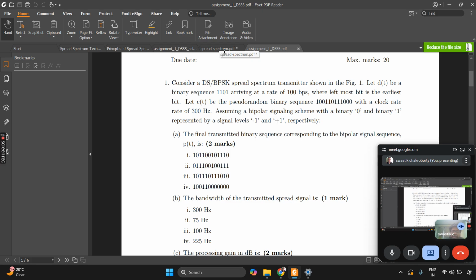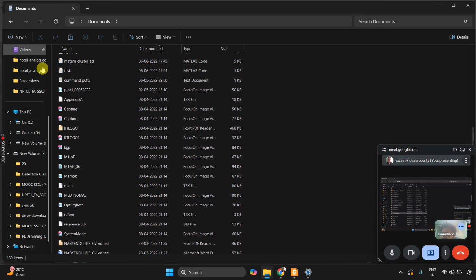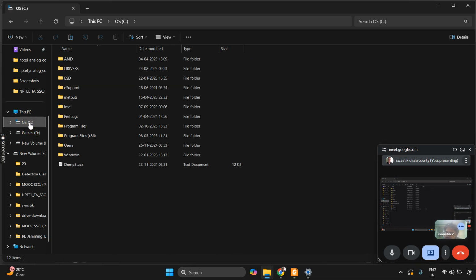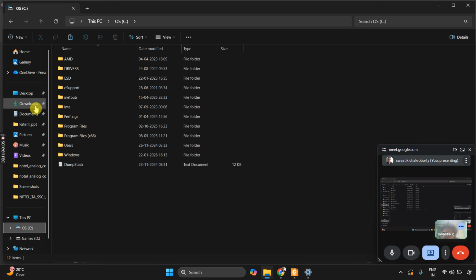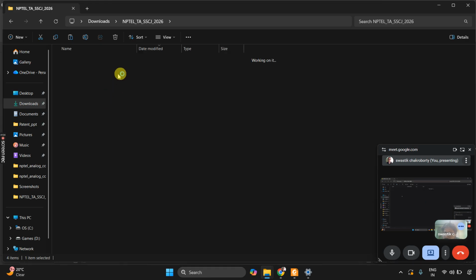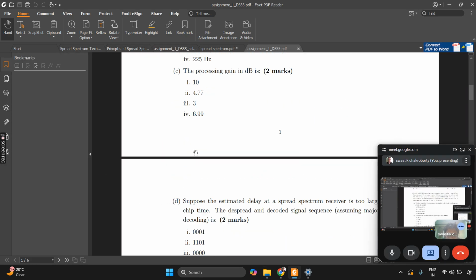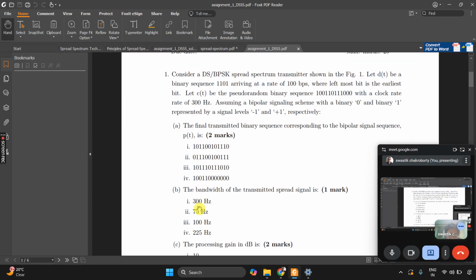The bandwidth of the transmitted signal will simply be 300 hertz, because we have matched the signal length with the pseudo noise length, and the pseudo noise was being transmitted at 300 hertz.